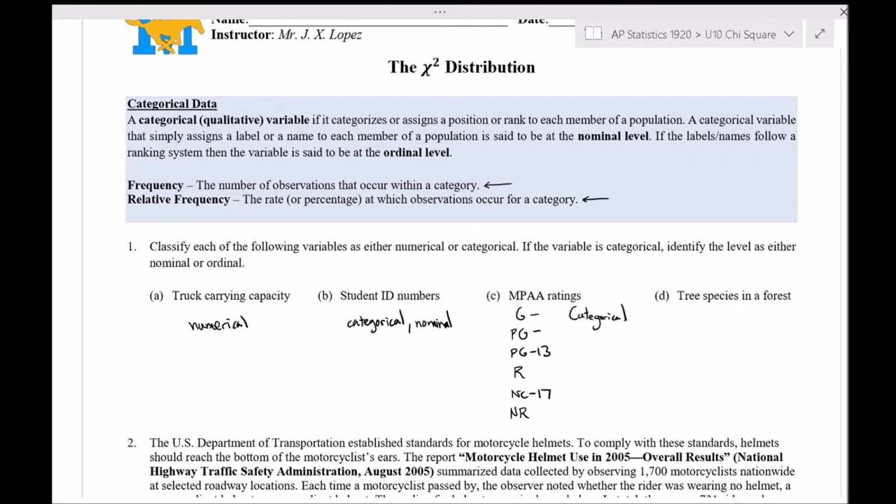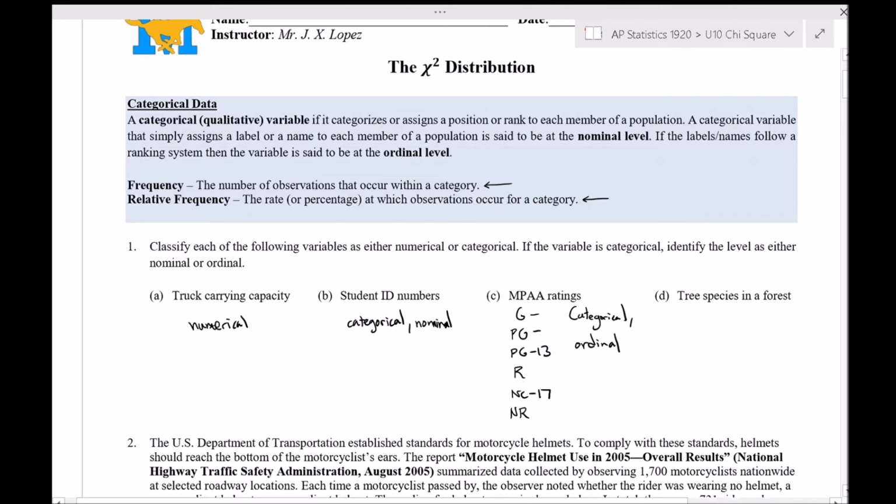These aren't just names. There's a rank involved because there's an age associated with it. So maybe I do want to think of it that way. Maybe I could think of this as ordinal. There is a way that we could think of this as a ranking system, right? By least favorable for maybe family viewing versus most favorable for family viewing. So you can come up with some sort of a ranking scheme to turn that into an ordinal variable. So definitely we can consider this an ordinal variable.